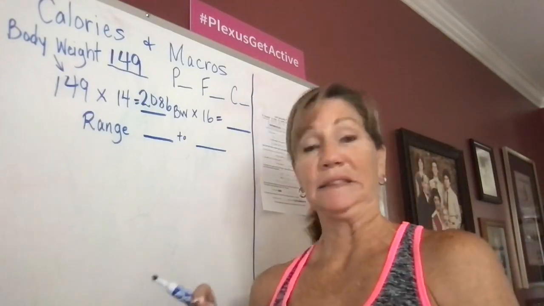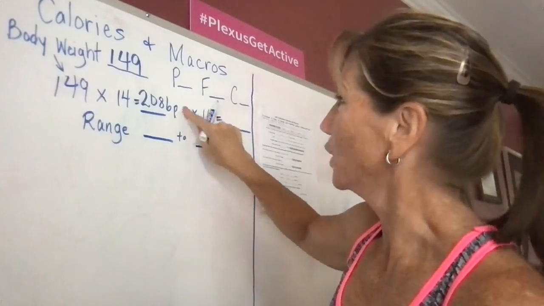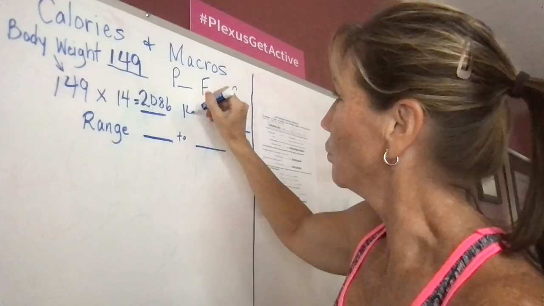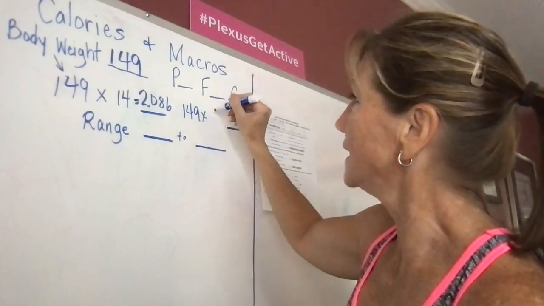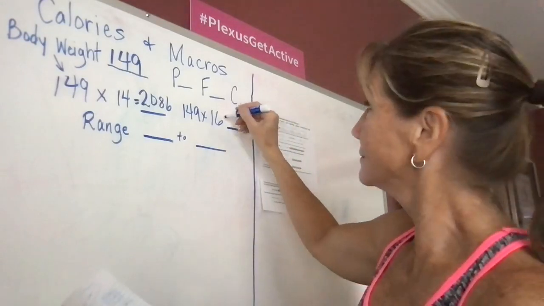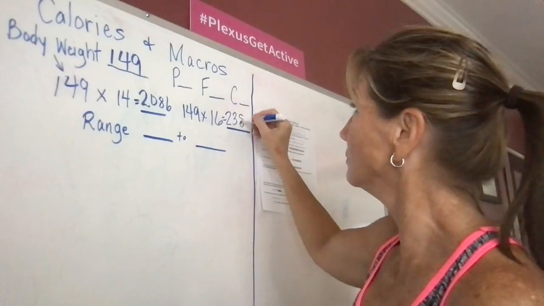I go, yikes, that's a lot. Then you want to take your body weight, mine is 149, and multiply it times 16 to get the top number. And that's 2,384.